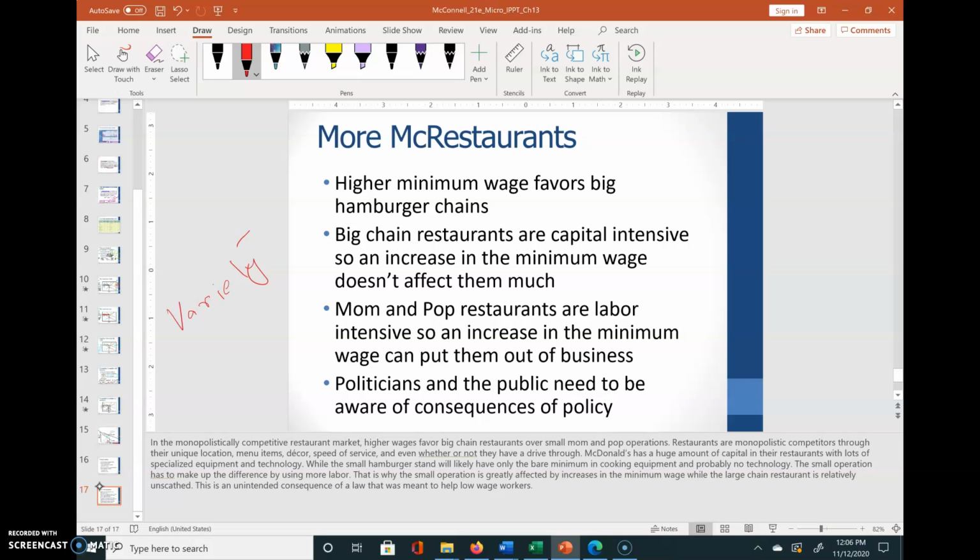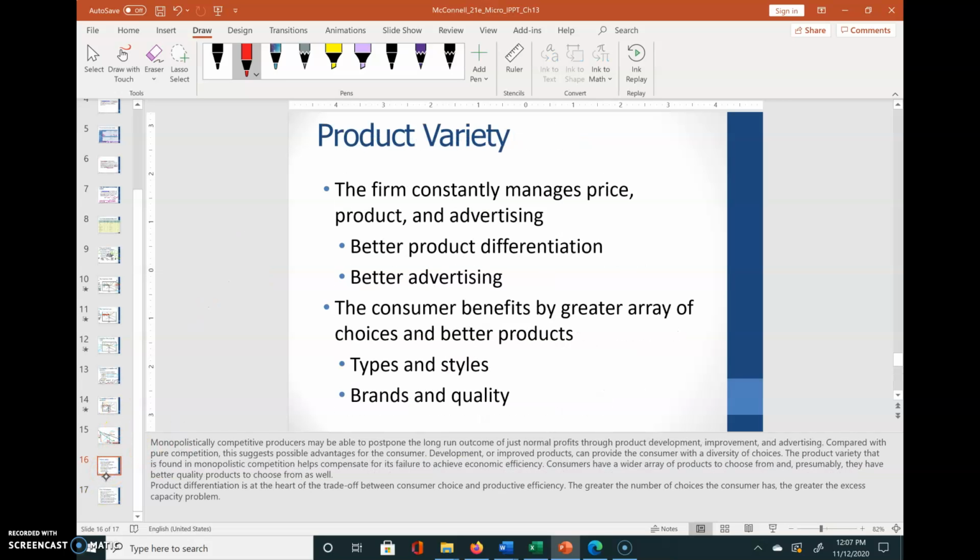Unlike perfectly competitive market structure where the goods are similar, consumers have a wide variety of types, styles, brands, a wide variety of foods a consumer can enjoy in a monopolistically competitive market structure. So basically we have a lot of product variety.